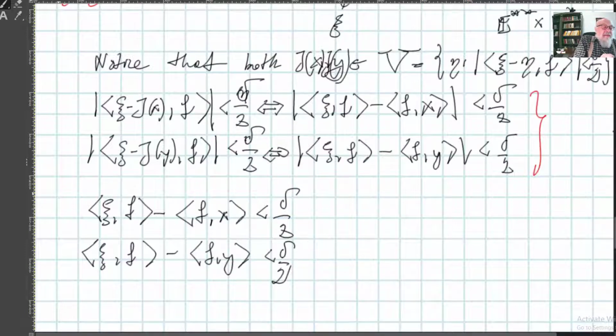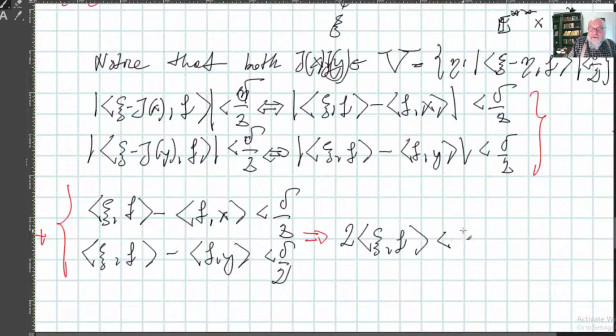and then this will imply that 2 times psi of f is smaller than f of x plus y, plus delta, which consequently can be written here.